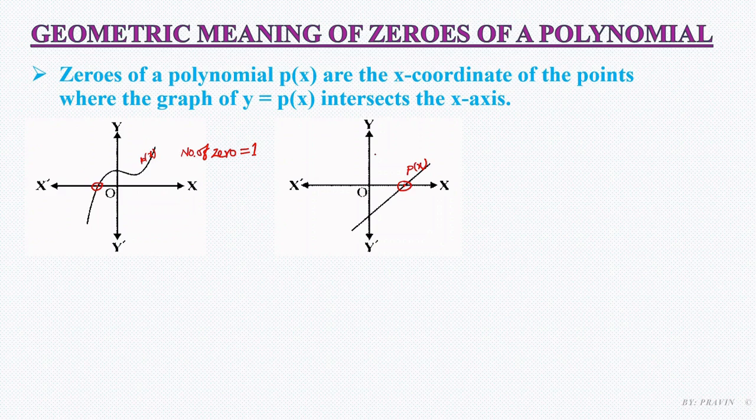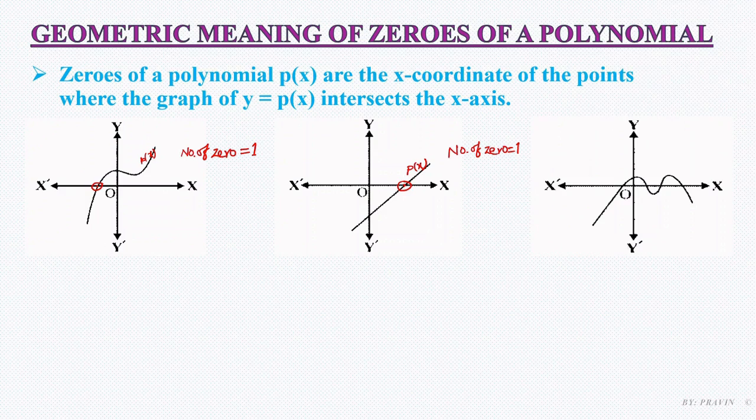So do not confuse it with the y-axis intersection point. So this is the single point. So again, the number of zeros is equal to 1. Why 1? Because the graph of p(x) is intersecting the x-axis at only one point.